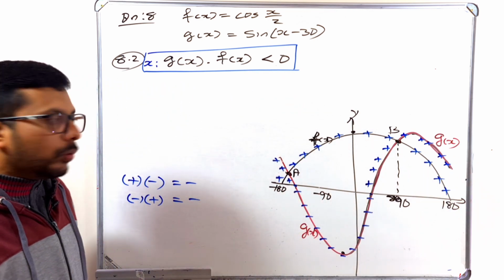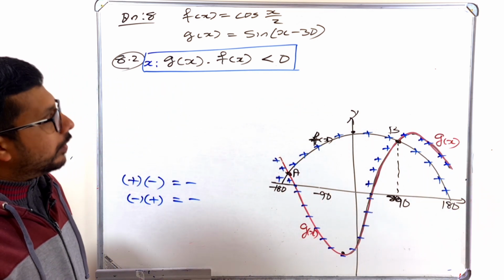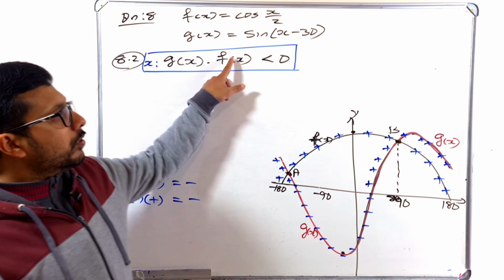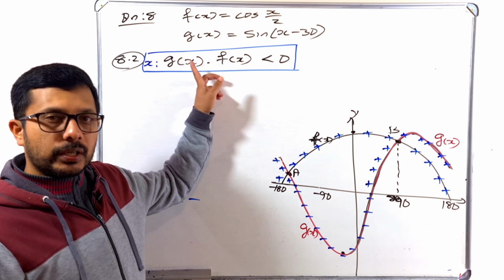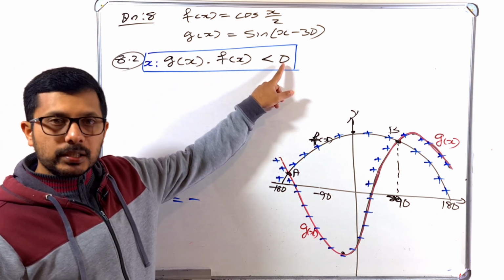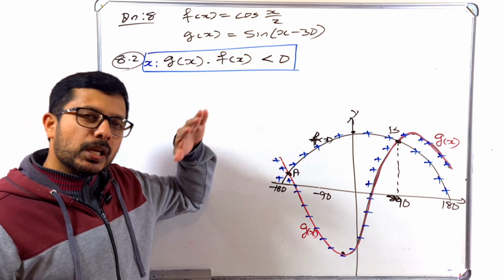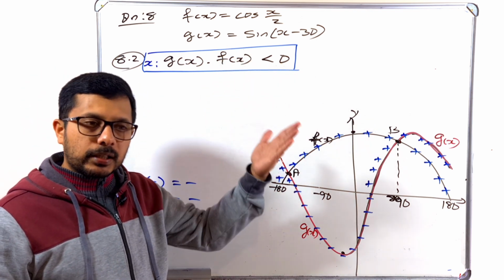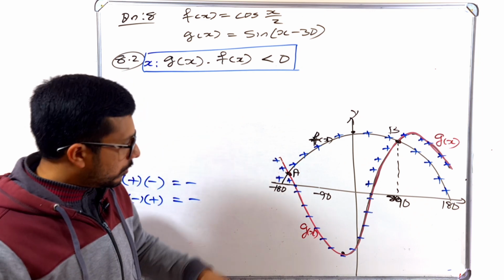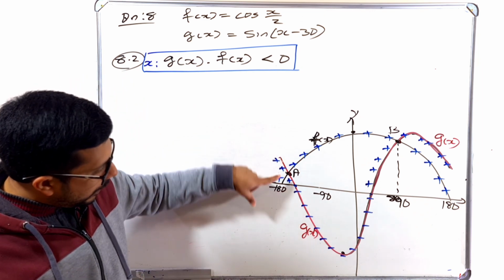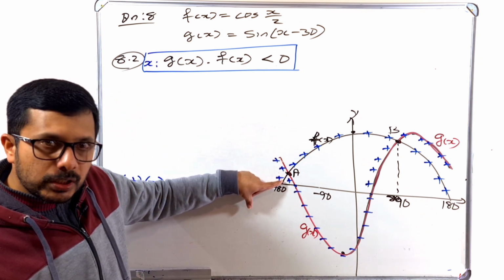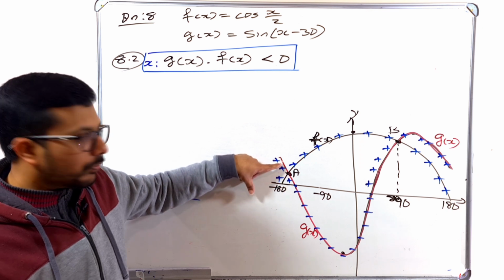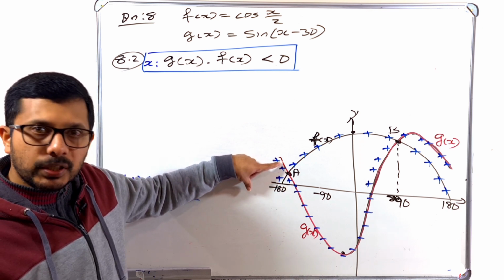Now listen here, f of x into g of x is negative. Less than 0 means negative. That means one graph must be above x-axis and the other graph must be below x-axis. Look at this part: f of x is positive above x-axis, g of x is also above x-axis, we can't take that one.